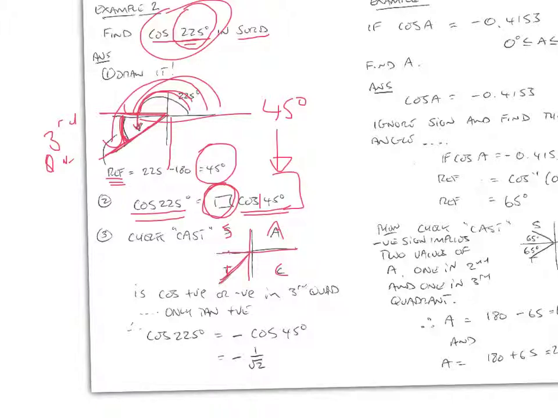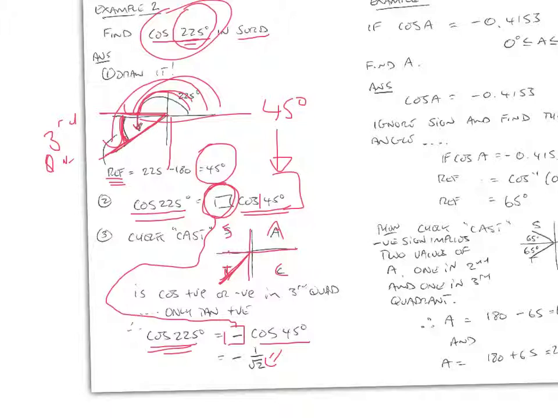It's in the third quadrant, and only the tan trigonometric ratio is positive. All others are negative. Okay, so for our case, we must then deduce that cos 225 is equal to negative cos 45. The log tables for cos 45 is 1 over root 2. So cos 225 is minus 1 over root 2.